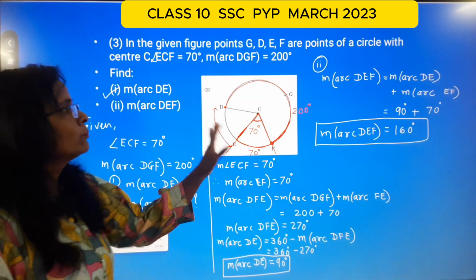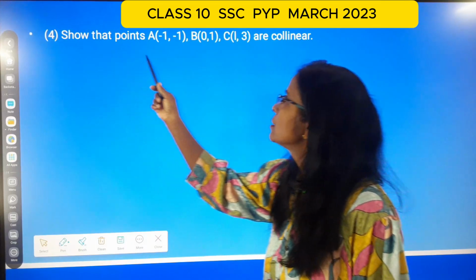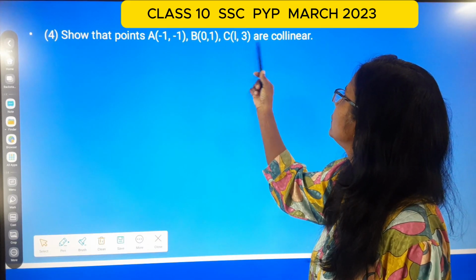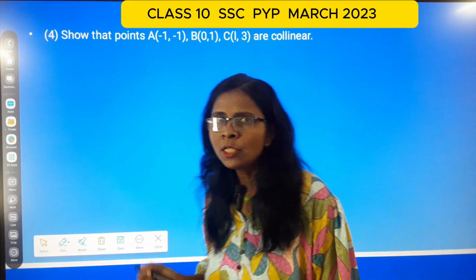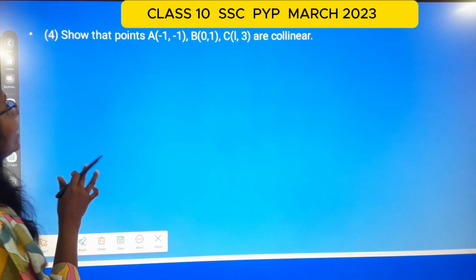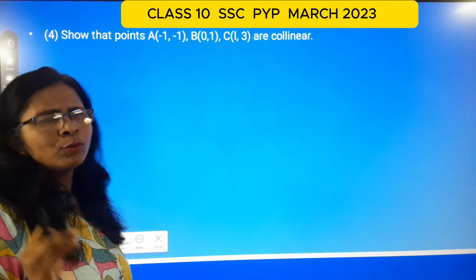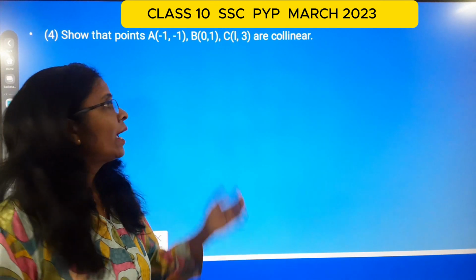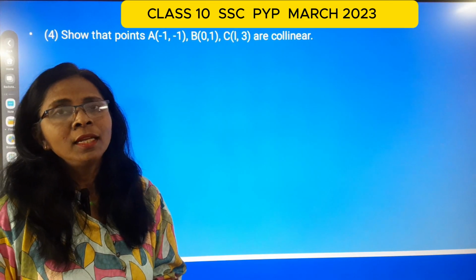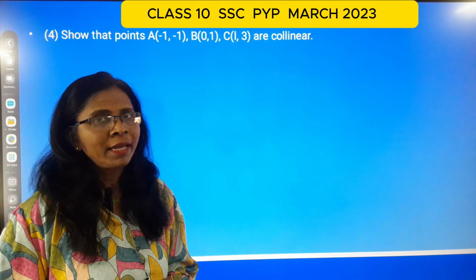Okay students, so show that the points A(-1, -1), B(0, 1), C(1, 3) are collinear. Now here students, we have to find out whether these points are collinear. We have to calculate the slope of AB and the slope of BC. If the slopes are equal, then we can say these points are collinear, otherwise not.